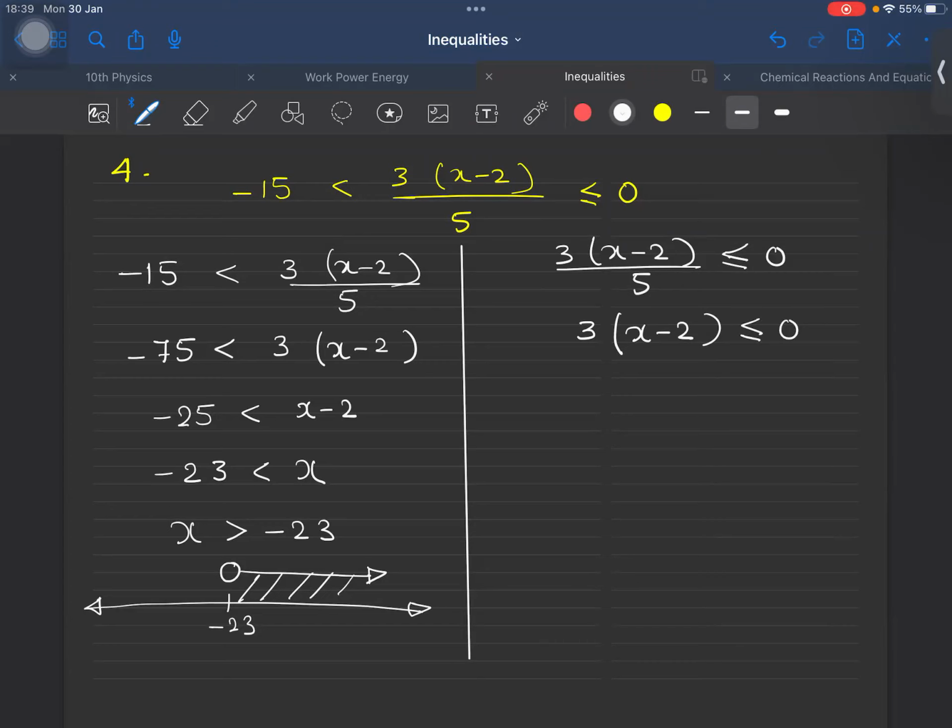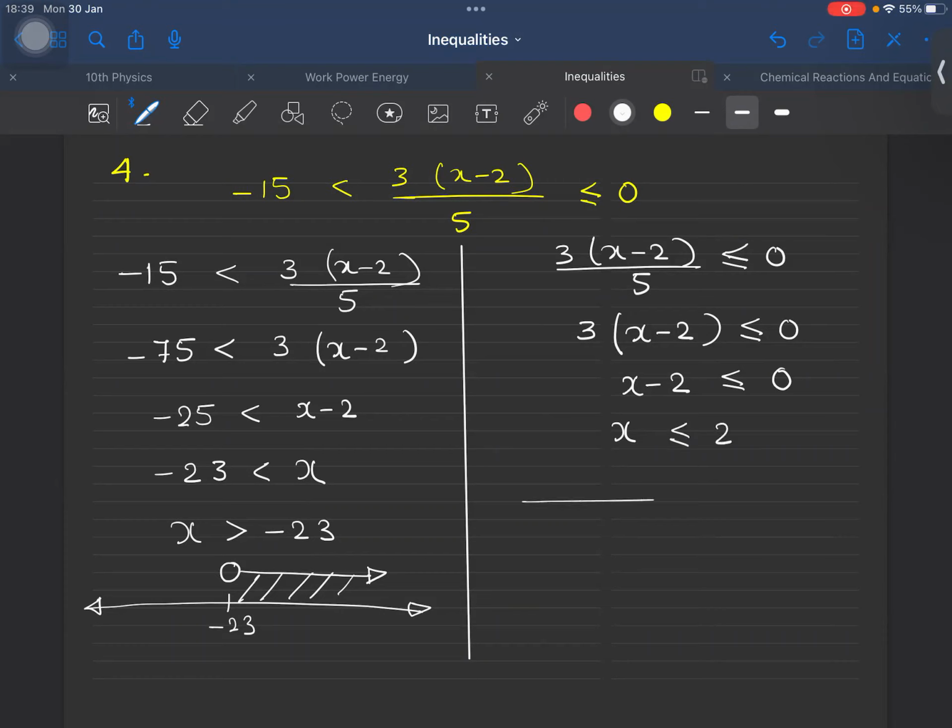Yes. Now we divide both sides by 3. We get x minus 2 should be lesser than or equal to 0, because 0 upon 3 is 0. If we add 2 on both sides, x should be lesser than or equal to 2, since 0 plus 2 is 2.